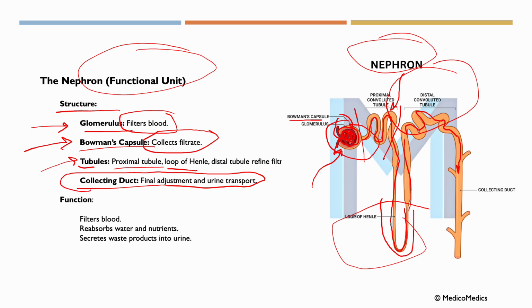In our lecture on nephrology, in our more clinical classes, we go into more detail on each of these different parts of the nephron, because you have different uptakes and the filtration is different depending on where we are in the nephron. So some functions of the nephron include filtrating blood, reabsorbing water and nutrients, and secreting waste products into urine.